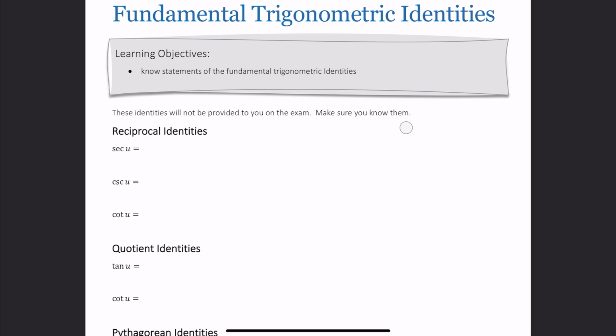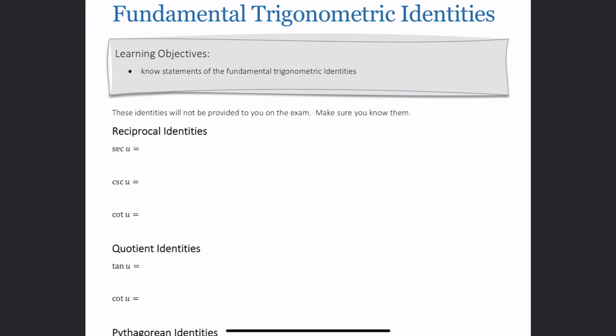These also have reciprocal identities, and these are secant theta, or secant u in this case, cosecant u, and cotangent u. U is just a variable. It can be theta, it can be x, but for now we're just going to be using u.